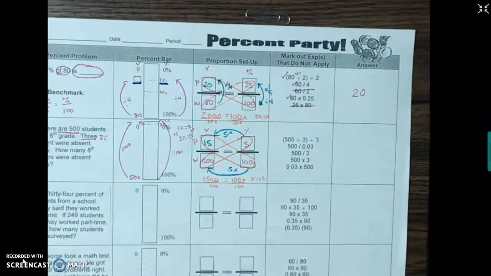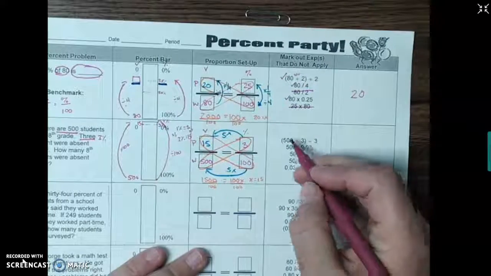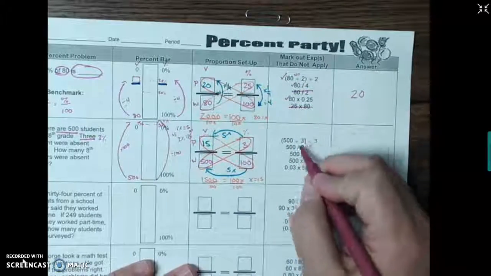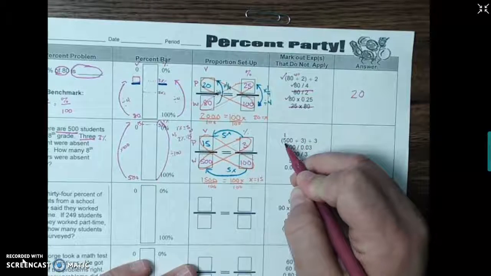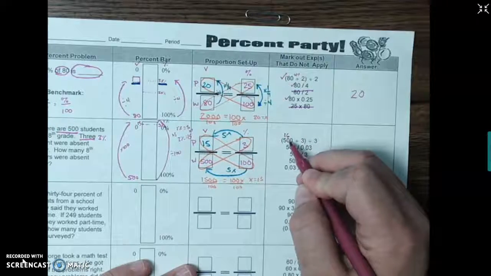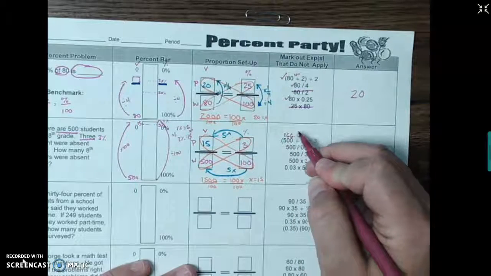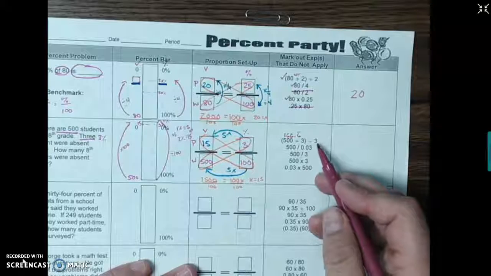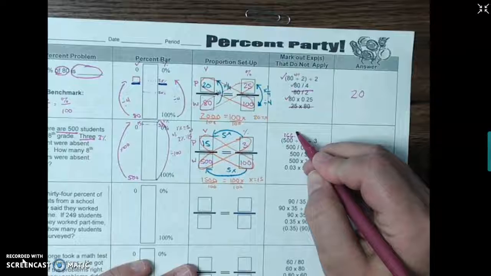Okay, again, looking for some expressions that do not apply. 500 divided by 3. Well, let's do it real quick. 3 goes 1 time with 2 left over. Goes 6 times with 2 left over. And it's repeating. So let's make that, instead of 0.6, let's make that 2/3.